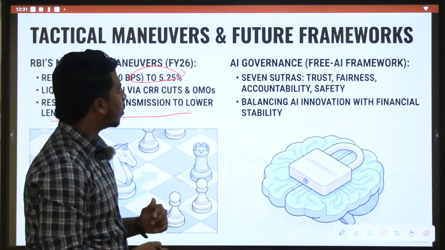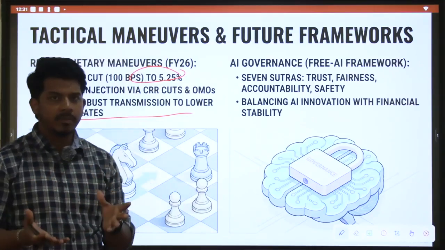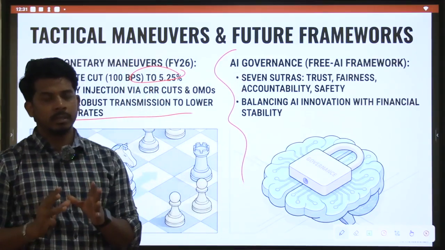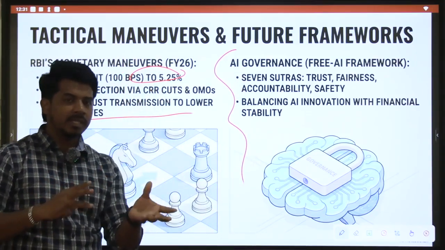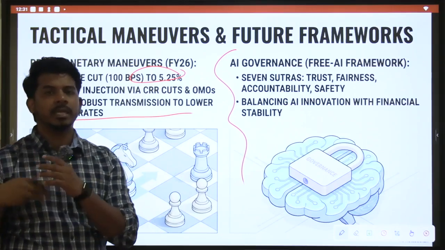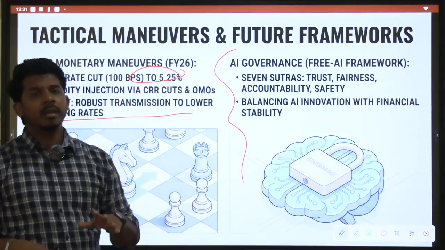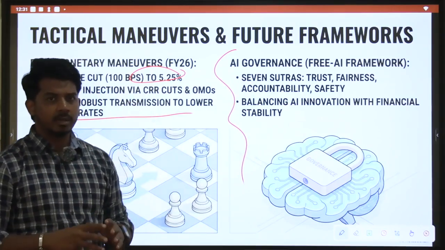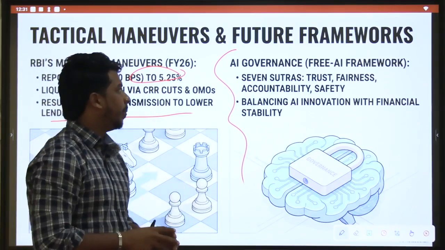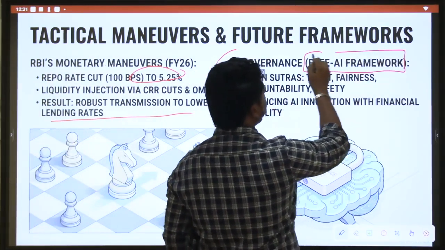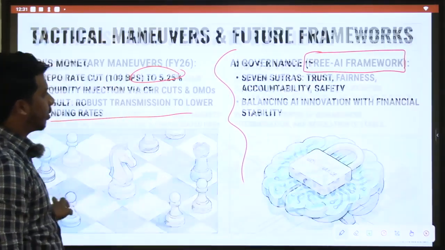Technology and AI are everywhere now, and we have seen AI is a double-edged sword. AI will have benefits and disadvantages, and we have seen the negative consequences of AI. So to regulate AI in the financial system, RBI has come up with something called the FREE-AI framework.